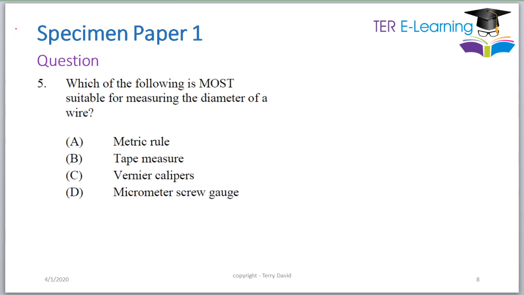A meter rule, well, that's too large. Remember, a wire is very small. A measuring tape, no. A vernier caliper, can't measure. The diameter of a wire is in the order of millimeters. So for this one, I would say the micrometer screw gauge.